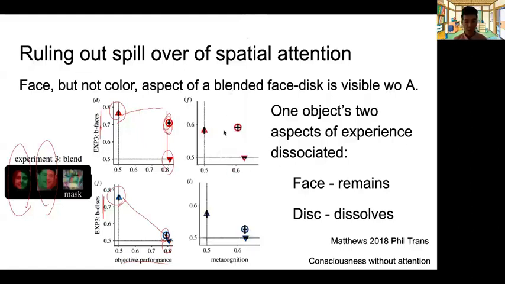And in terms of the metacognition, it's basically replicating the first experiment. So we can say that face discrimination is supported by the metacognitive axis. So it was a bit in detail, but it was an important experiment.